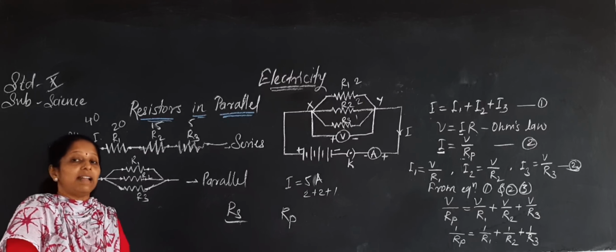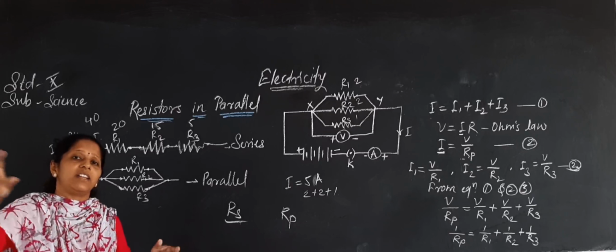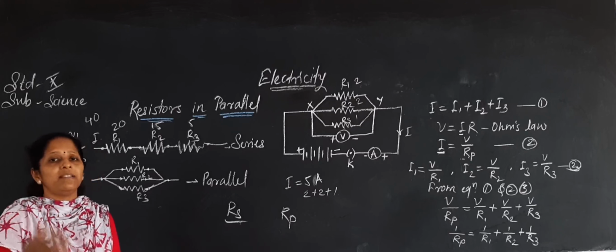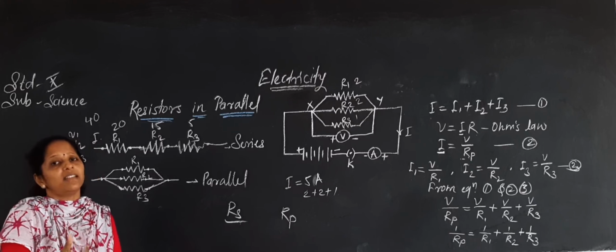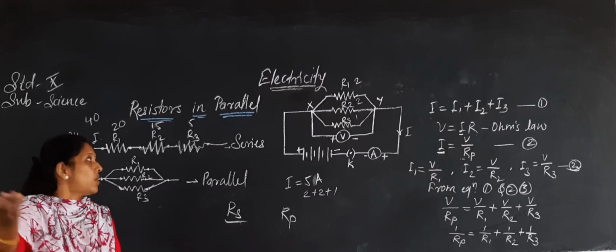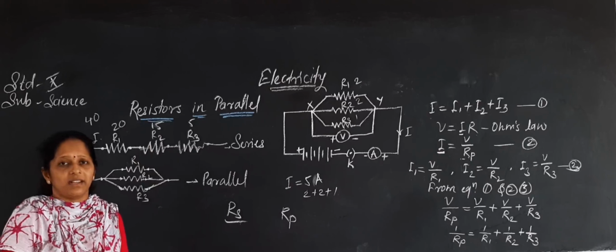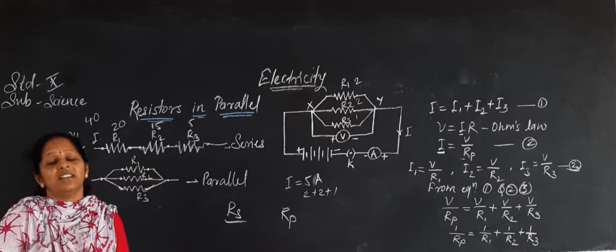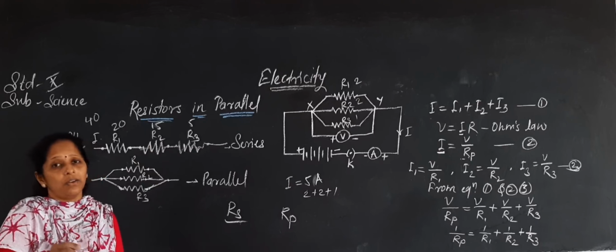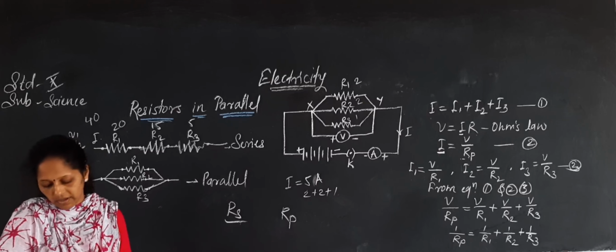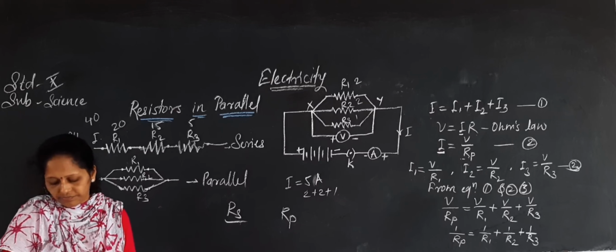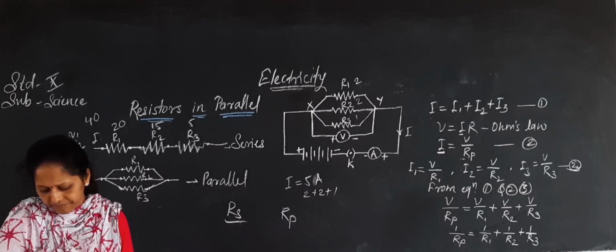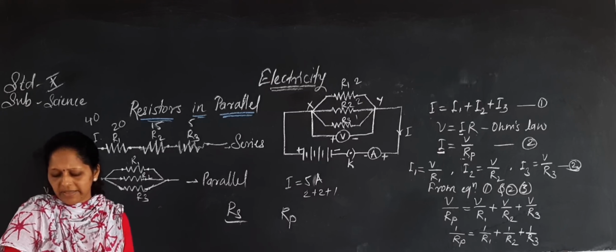The lighting bulbs are joined in series, and if any one bulb is not glowing, the circuit is broken. Current does not go to the next bulb, so the electrician spends more time finding where the circuit has failed.